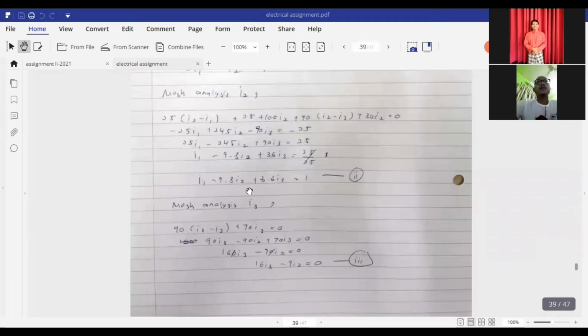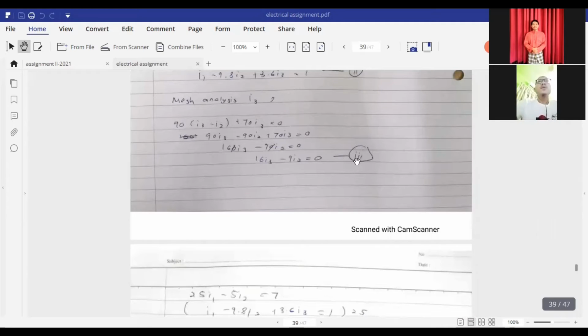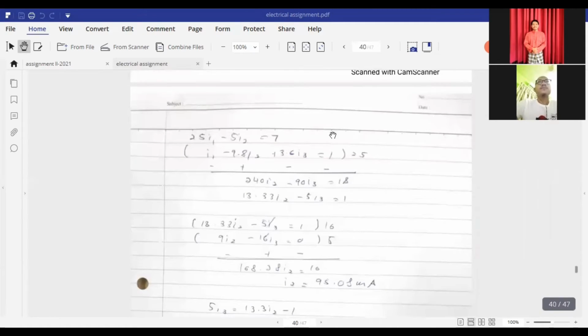For the second equation, I1 minus 9.8 I2 plus 3.6 I3 equal to 1. For the third equation, 16 I3 minus 9 I2 equal to 0.